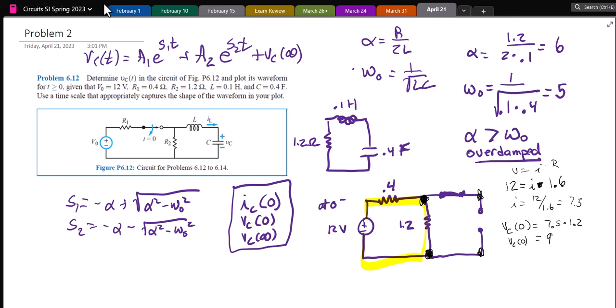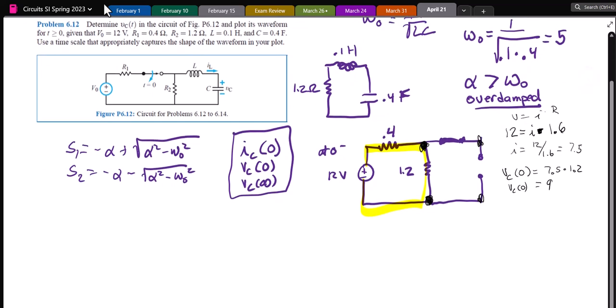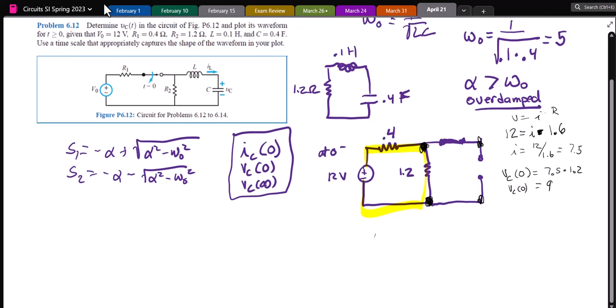Okay, let's see. Now we need to look at time 0 to get IC of 0. So at 0, we open the switch.